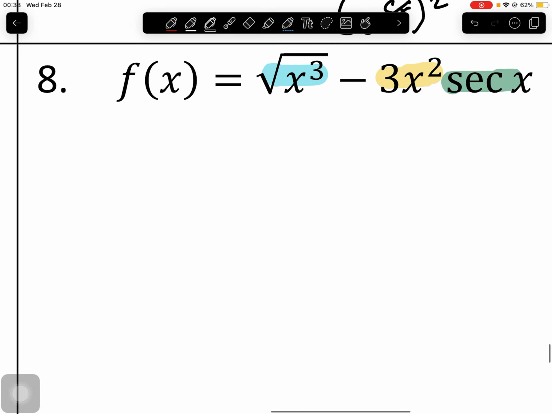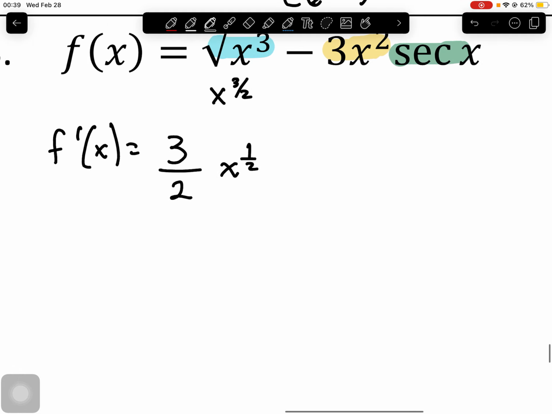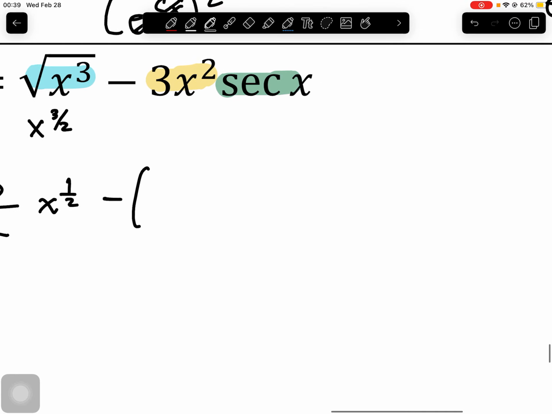The derivative of x to the third halves is basically saying x to the power of 3 over 2. So, I'm going to bring that to the front, times x to the 1/2, because I had to subtract a 1. And now here, I just like to put in parentheses, and then you could always distribute the parentheses at the end. But now I'm just going to do my product rule.